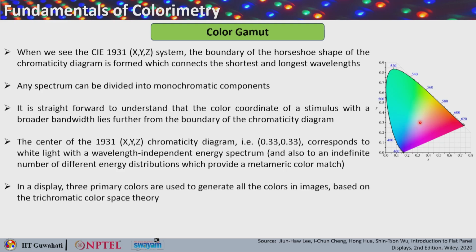In this display, or in any display for that matter, three primary colors RGB can be used to regenerate all the colors in an image based on the trichromatic color space theory.